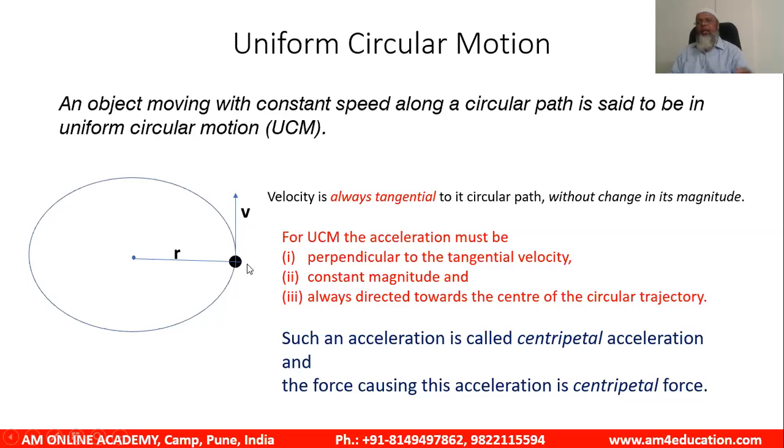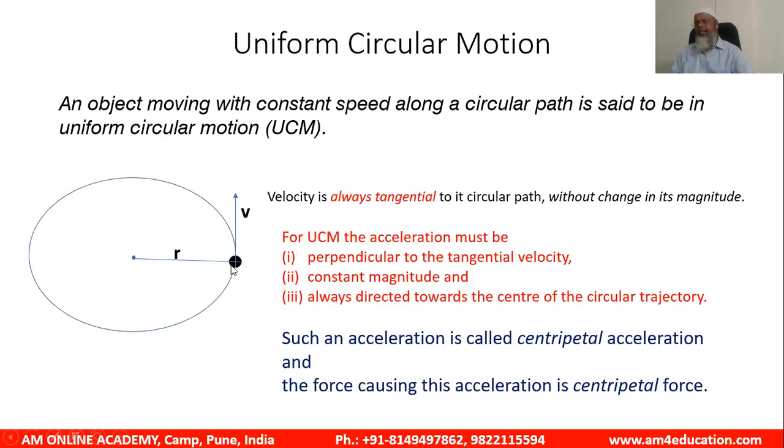For example, if you take a string and a stone is tied to the string, and you are revolving it, at any point, if the string breaks or if you leave the string, the stone moves tangentially at that particular point. So that is the direction of velocity at that particular point.